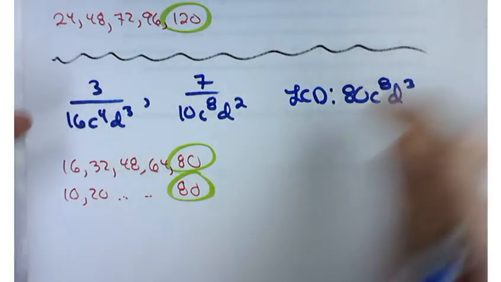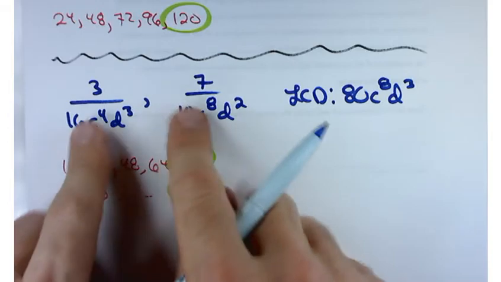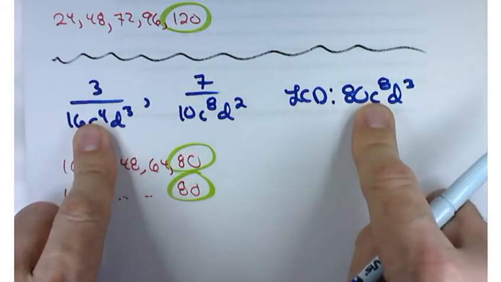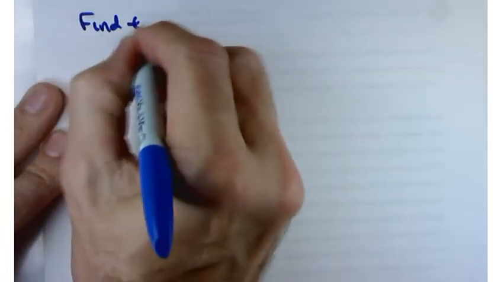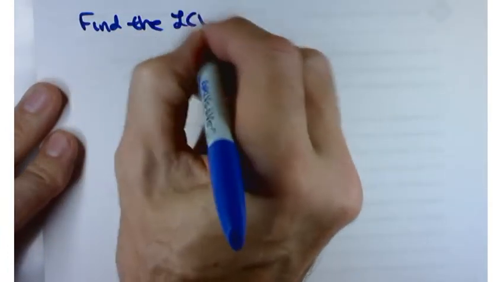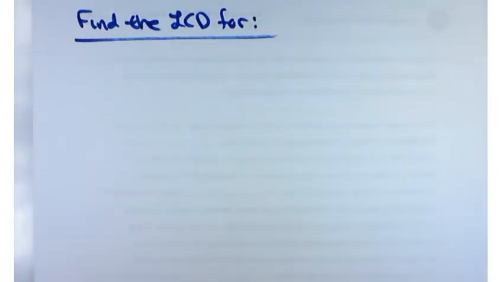Keep in mind that later on we'll be adding and subtracting these things, so you'll have to convert these denominators to an equivalent fraction with this denominator, and then we'll add or subtract. Like I said, these are going to get more challenging. So let's find the LCD for these next two.